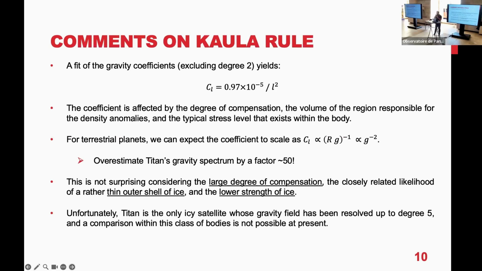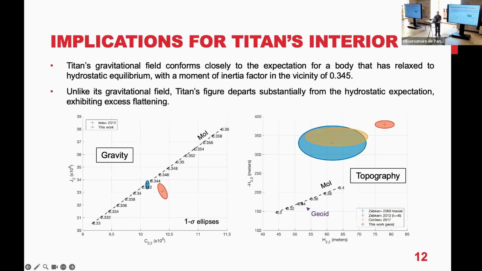Unfortunately, Titan is the only icy satellite whose gravity field has been resolved to degree 5, so we cannot make a comparison within this class of bodies at the moment. But in the future, JUICE and Clipper can provide new hints on the topic with the moons of Jupiter.